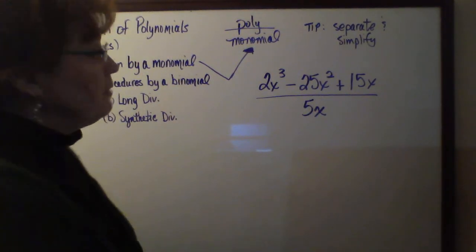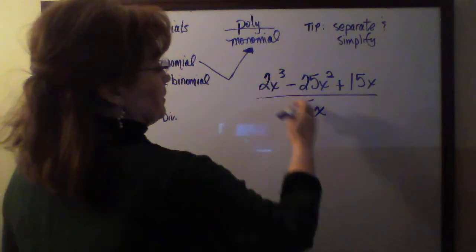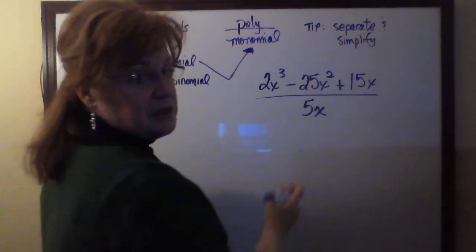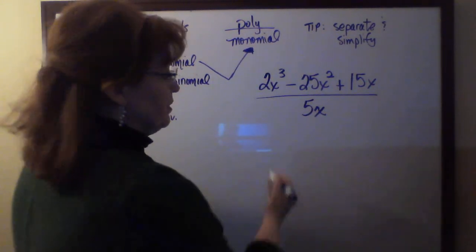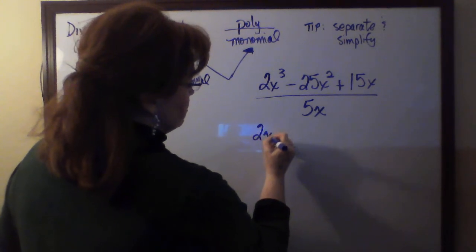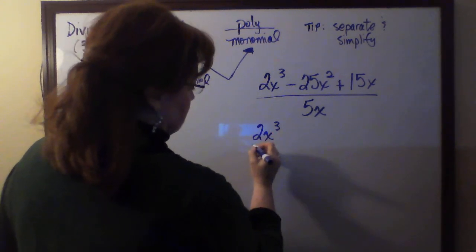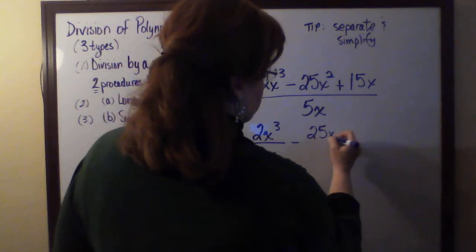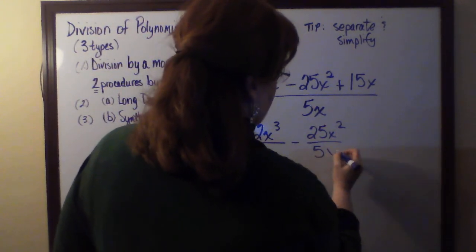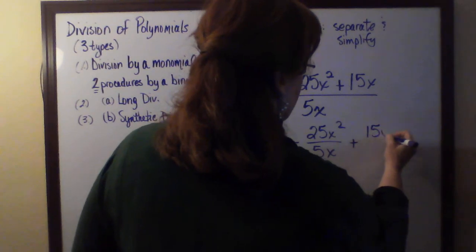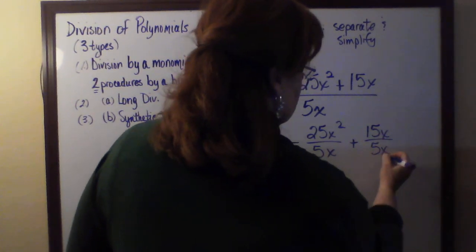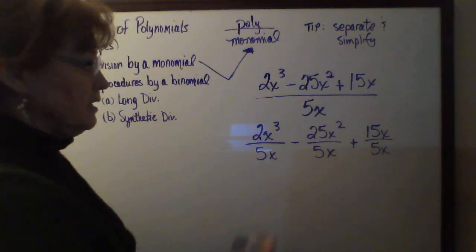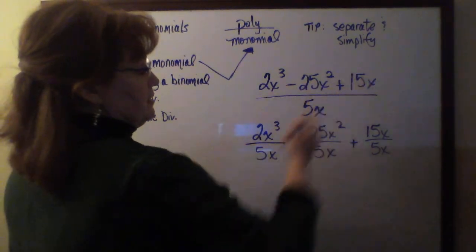Okay, so what I mean by separate and simplify is that I'm going to put the 5x underneath each of these three terms that are in the numerator, and I'm going to show you what you need to be thinking mentally, although I know some of you will just do this without writing this step down. That's okay. But this is what you need to be thinking about mentally, is putting 5x underneath each of those.